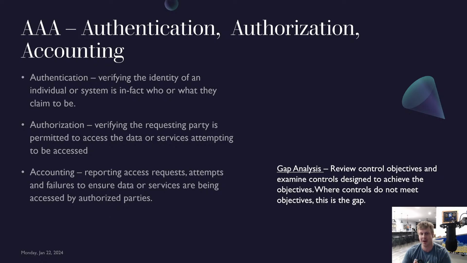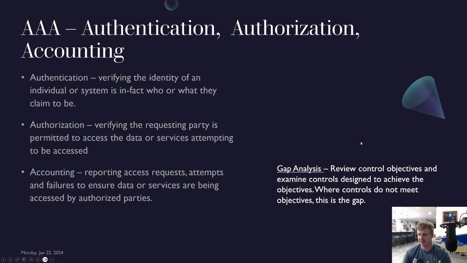Authorization is that whoever is authenticating is actually permitted to access the data. So authorization is the yes, authentication is just checking to see who it actually is. And then accounting is essentially your reporting for those requests, for those attempts and failures to log in, and just ensuring that services are being properly monitored and you can see the activity that is associated with it.